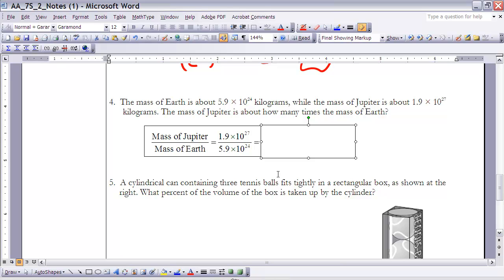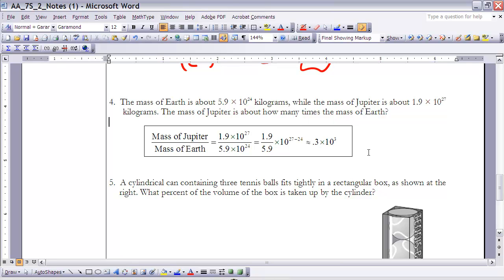Well, what I can do then is take 1.9 divided by 5.9, and then I have 10 to the 27th over 10 to the 24th, in which I can use my properties of powers to help simplify that. So I have 1.9 over 5.9 times 10 raised to the 27th minus 24th.